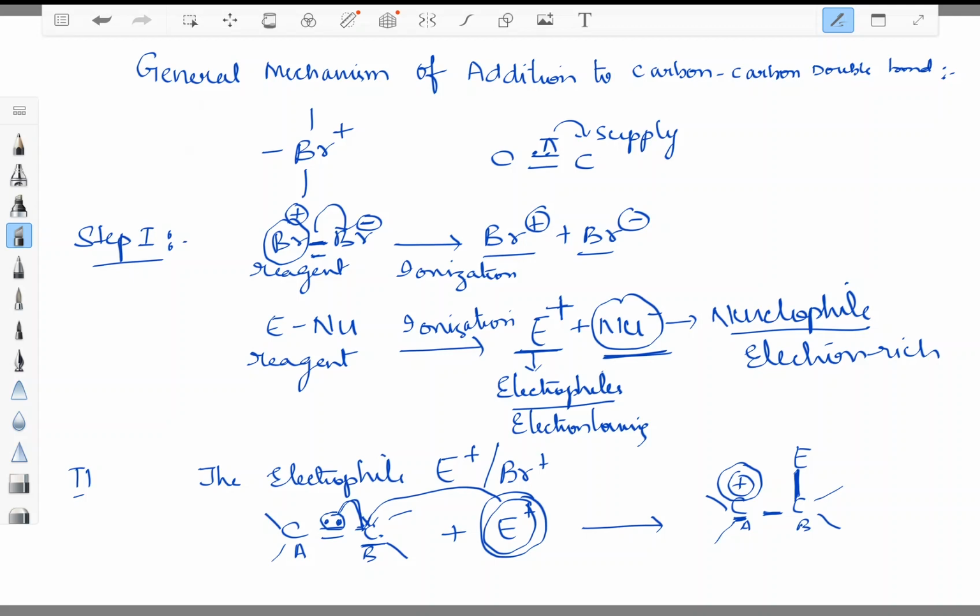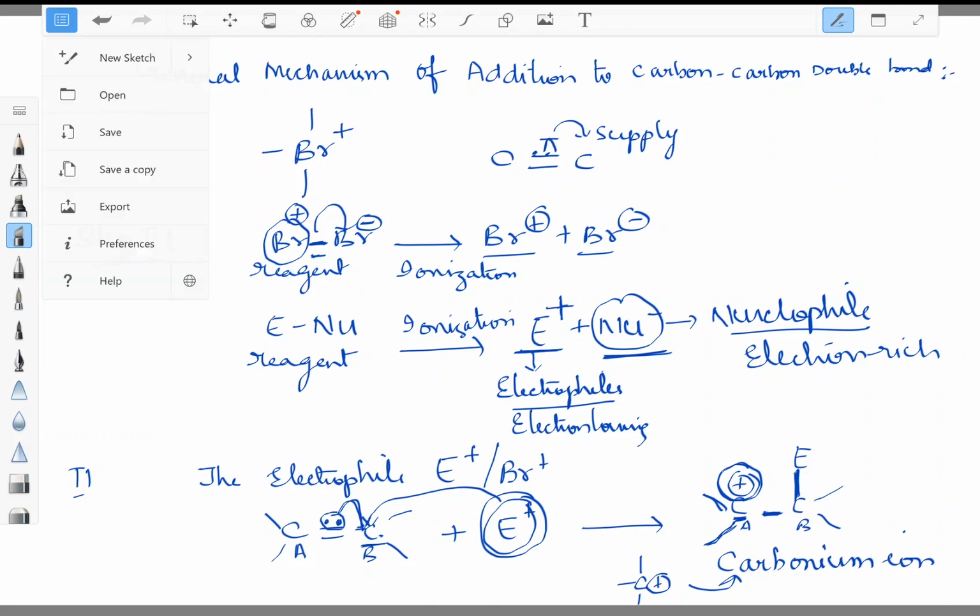Because this carbon has three bonds, one, two, and three, and this positive charge, it is called a carbonium ion. The carbonium ion is nothing but a carbon having three bonds with a positive charge.